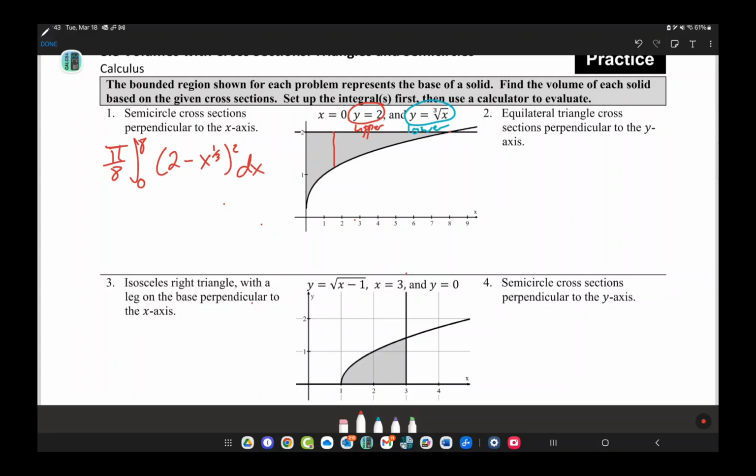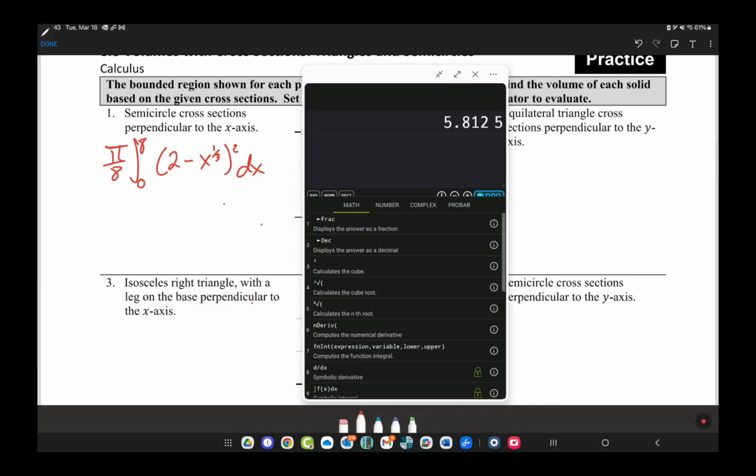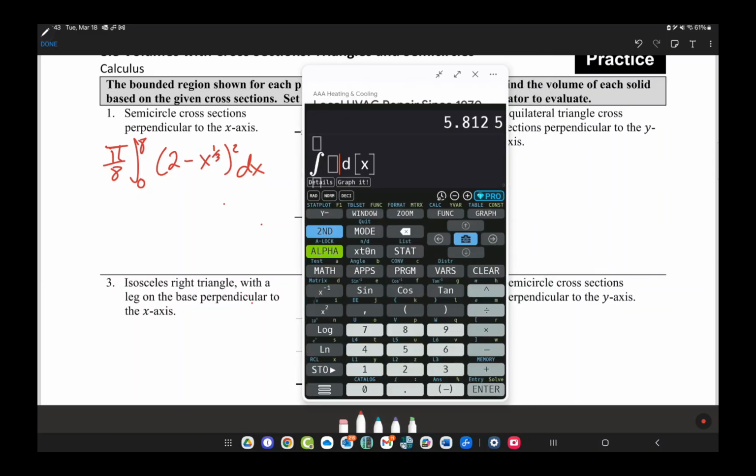And the nice thing is, how do I solve this? Calculator. Don't do these by hand if you can help it. So integrate from 0 to 8. Oh, I did forget the pi, didn't I?